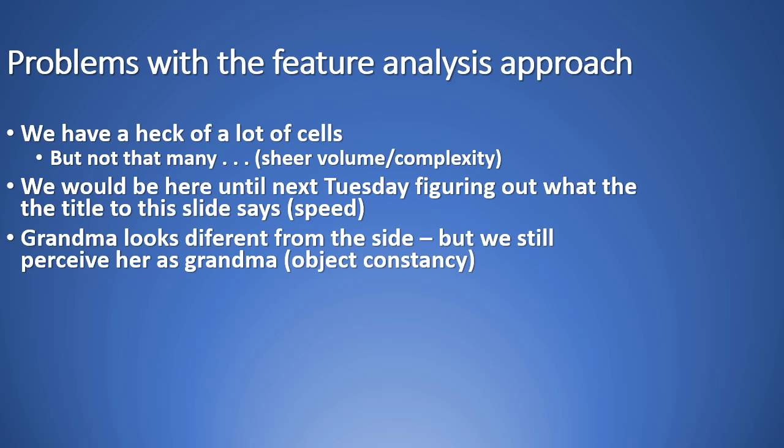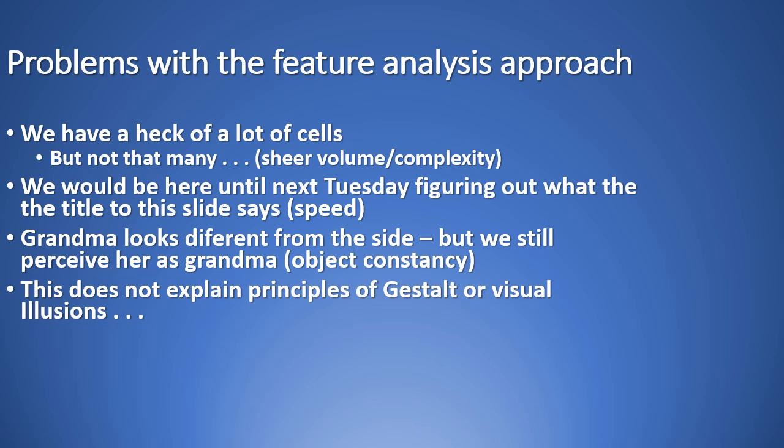Also, Grandma, she looks different from when we look at her from the side. But we still can perceive her as Grandma no matter what orientation she's looking. And that's known as object constancy. That's a problem for feature detection.